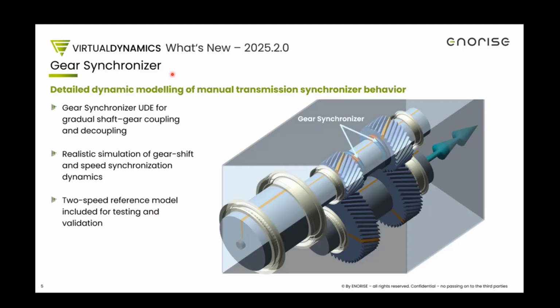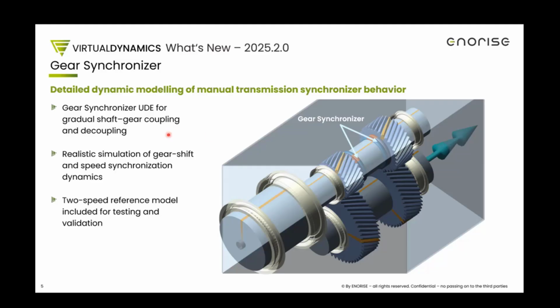Going to one of the brand new elements, the gear synchronizer. So the behavior of a gearbox, of a manual gearbox especially, is not only about selecting the gear, but also about synchronizing the speeds and defining the dynamics of the engagement during the gear change.